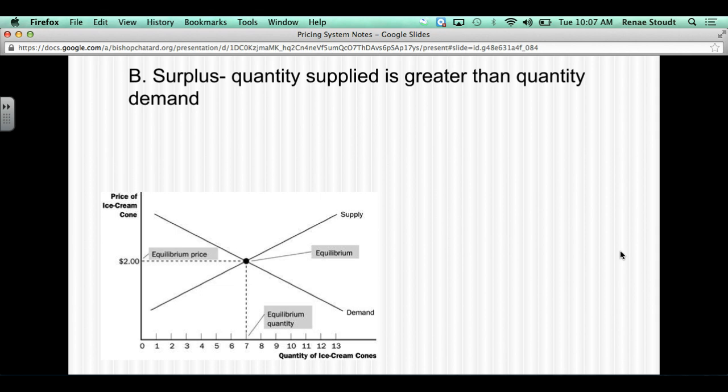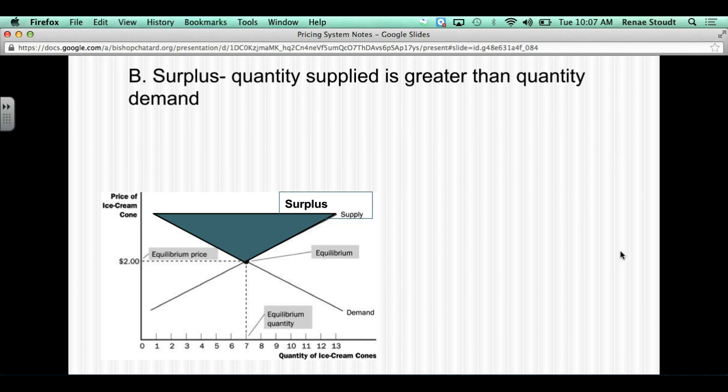All right, so here's what I want you to do. I want you to take a 4th color, something you did not use yesterday, and I want you to shade the region above equilibrium, and I want you to label it as a surplus.